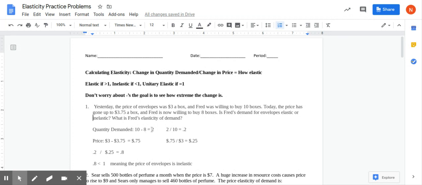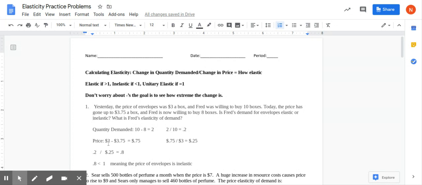The difference is 2 boxes. We're going to divide it by our first number, the 10, to get the percentage. So we get 0.2.